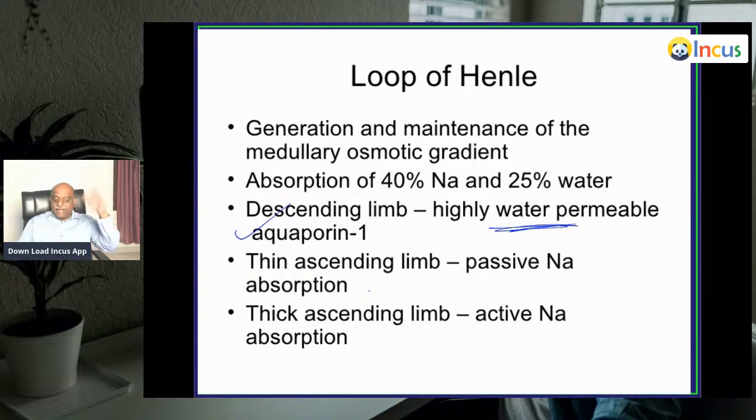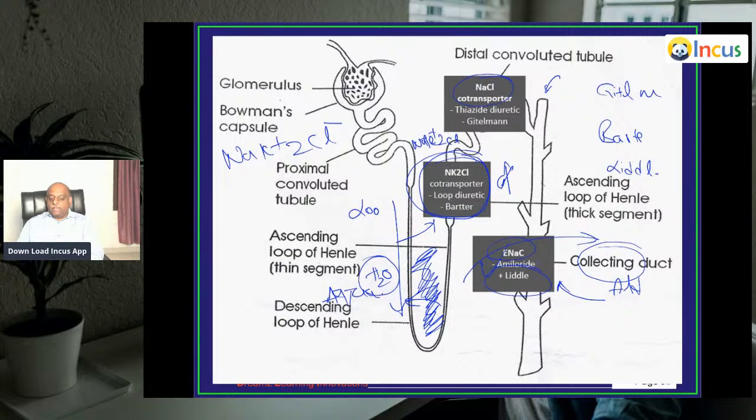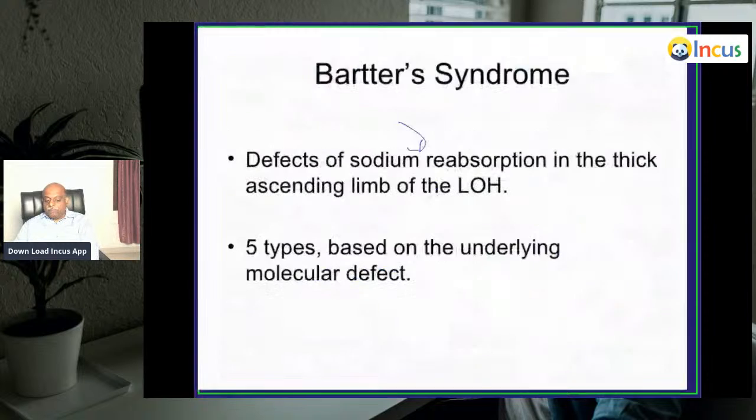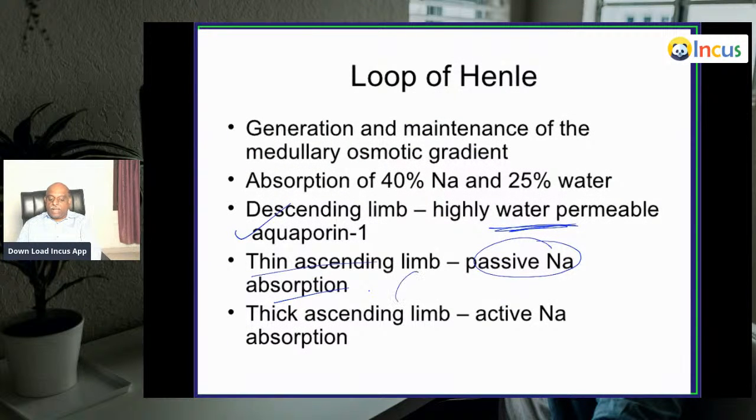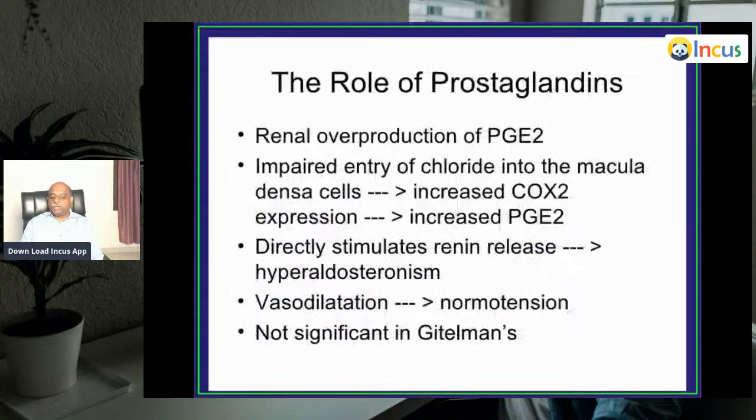The ascending limb has a thick and a thin part. The thin part typically has passive sodium transport. In the thick part of the ascending limb, there is a sodium potassium 2-chloride channel which leads to active sodium absorption. That's what you should remember.